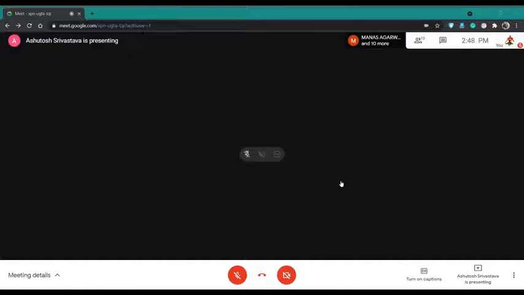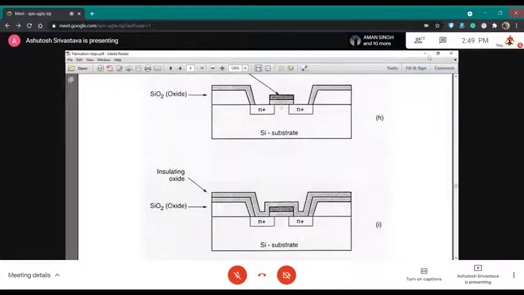But you also need to have a metal at the bottom and at all the three regions. So you have these thicker oxide for isolation from different transistor here and here. Then you have this metal oxide semiconductor, okay, and then you have source and drain.